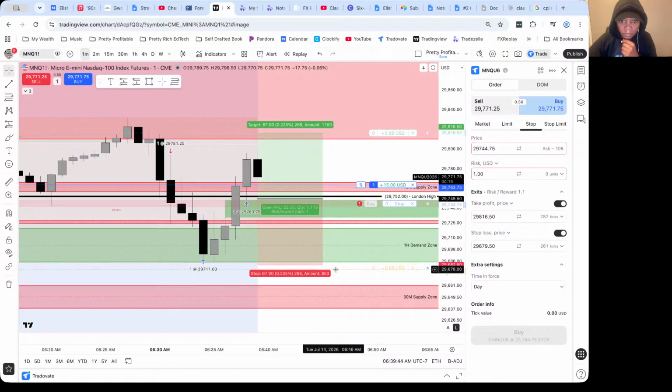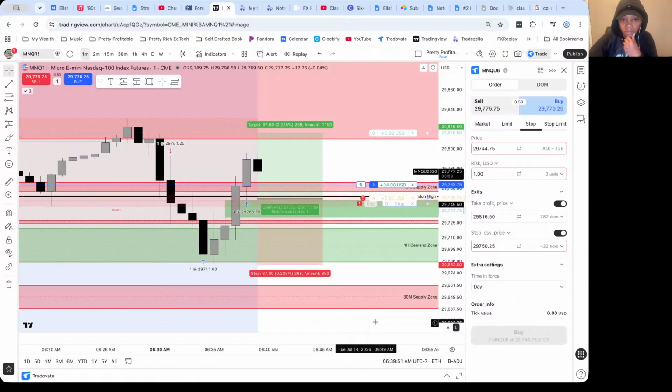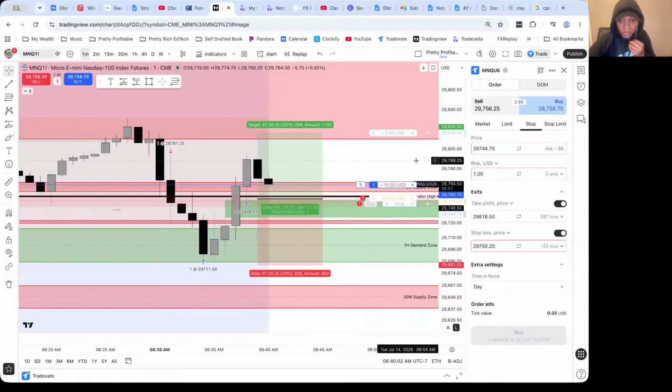So let me move my stop loss up so I can at least be able to break even on that. But it hasn't wicked up yet. But see, that's what I'm saying. Something is wrong with my entries. Something is wrong with my entries right now.